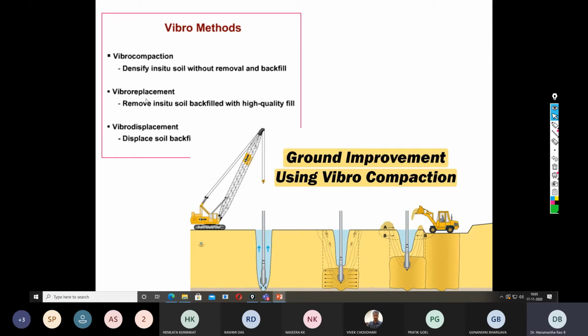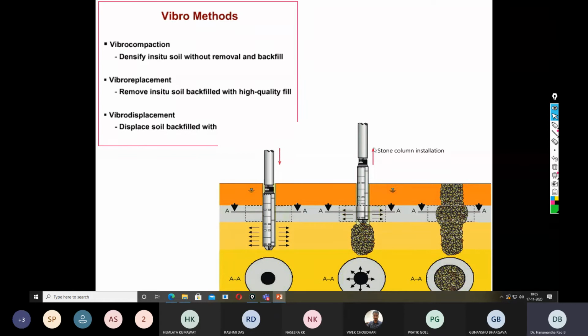So we will discuss the vibro replacement, that is the stone column, as one of the ground improvement techniques in the subsequent classes. But from this slide, try to understand two fundamental things. When you go for the vibroflotation technique, either we can do the compaction, or we can create the stone column. This is a simple example of the stone column, the vibro methods.